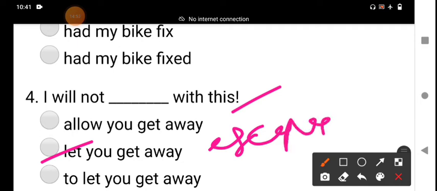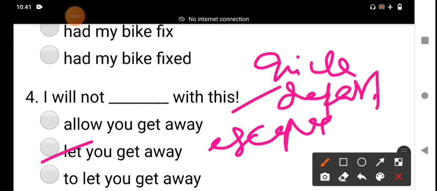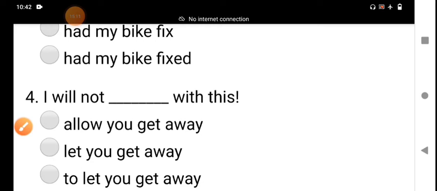Get away means an escape or quick departure, especially after committing a crime. In that situation, the right answer is the second one.